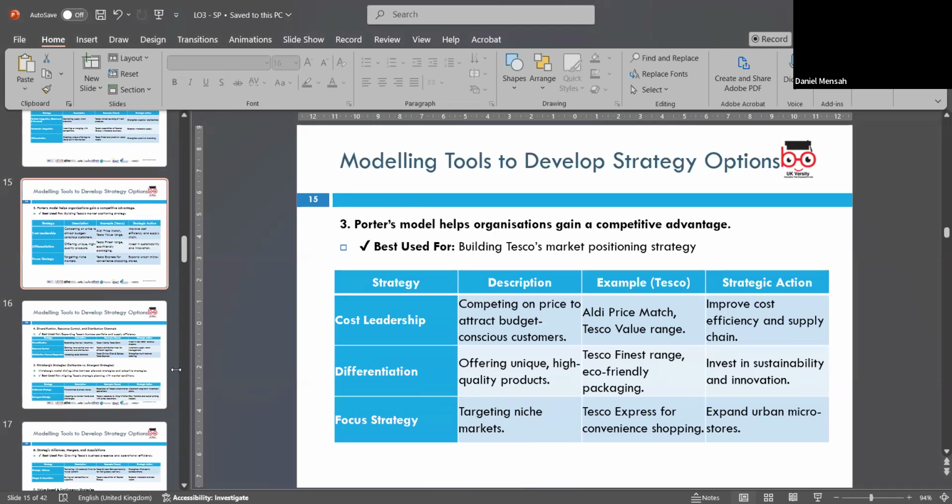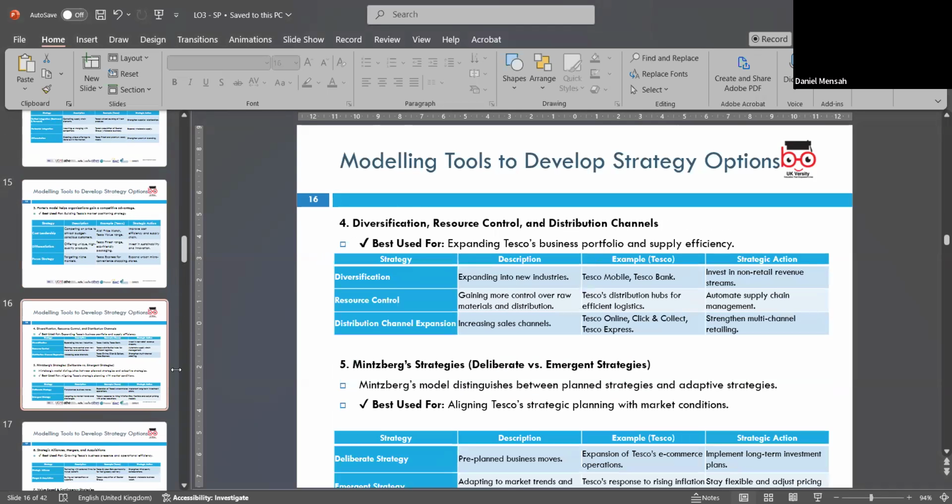Porter's model we have already discussed. Diversification is another approach, along with resource control and distribution channel. Diversification is where a company expands into new products or services that are related to its business.